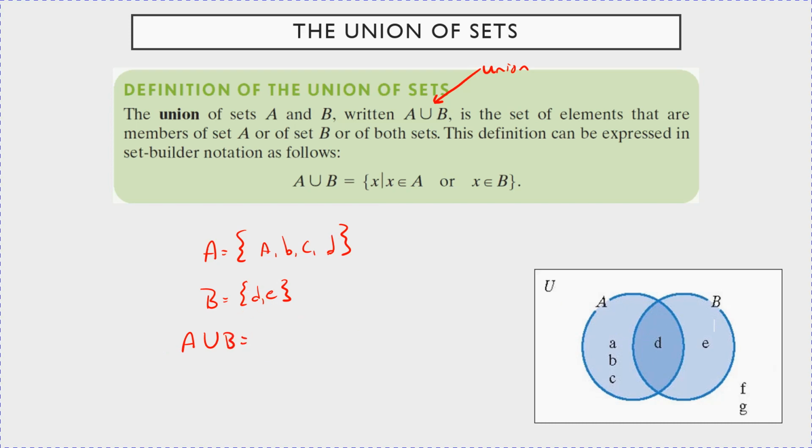You notice how they both have a D. You're not going to write D twice. So it's going to be A, B, C, D, and I already have the D, E.